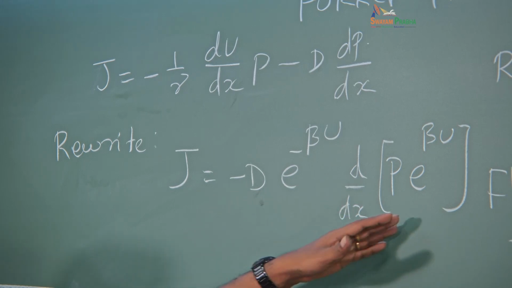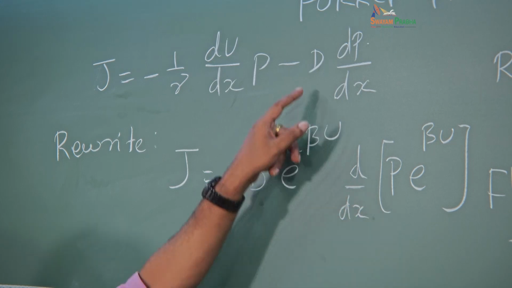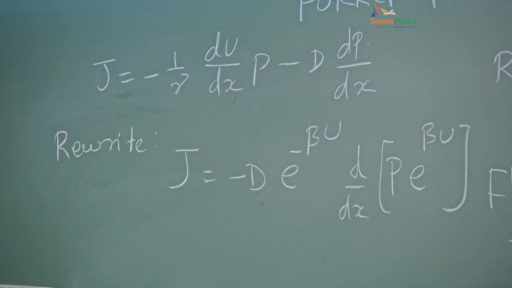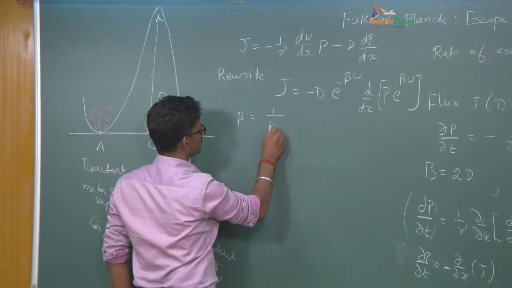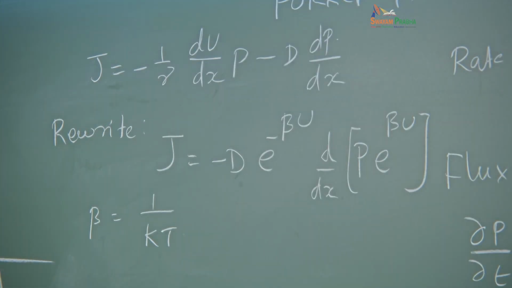If you apply the chain rule and open this up, you will see that this expression and this expression are actually equivalent. And here we see this beta is 1 over kT, and the remaining things are already defined.